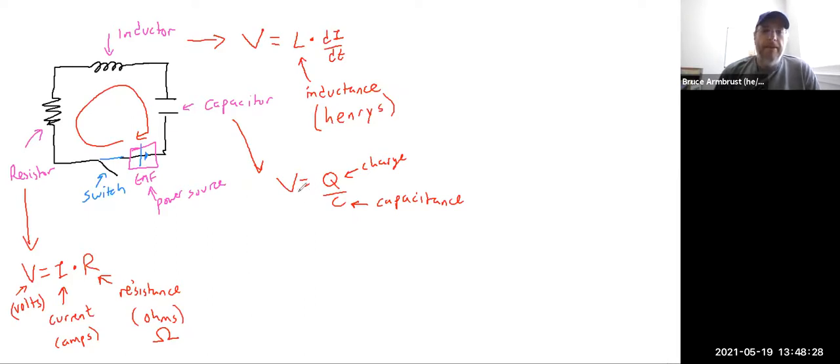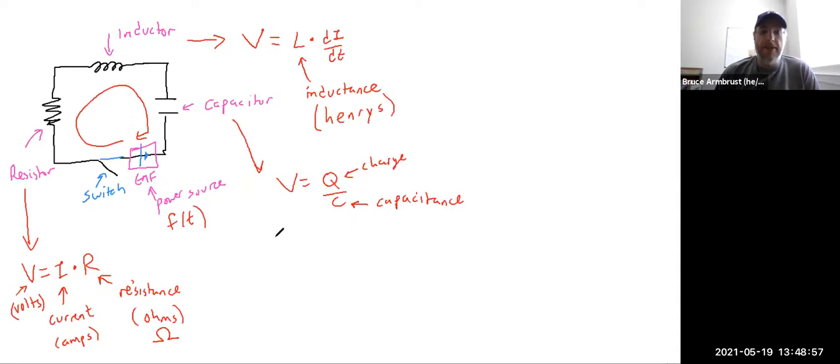Now if we think about it, the voltage drop over those three has to be the same voltage as our EMF. If we think of this EMF as having some function f of t, we can put this all together and it creates a differential equation.